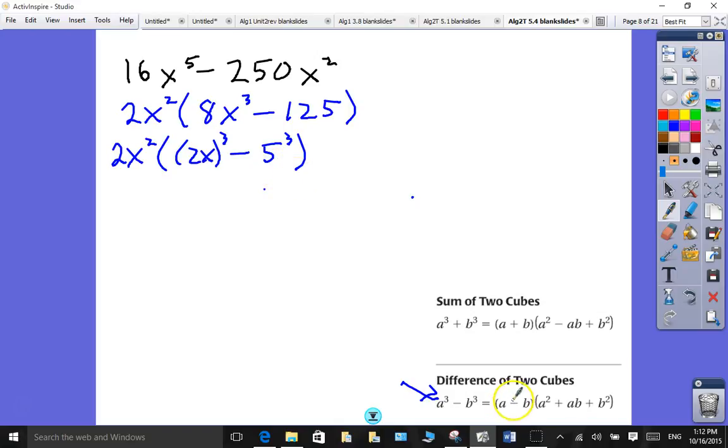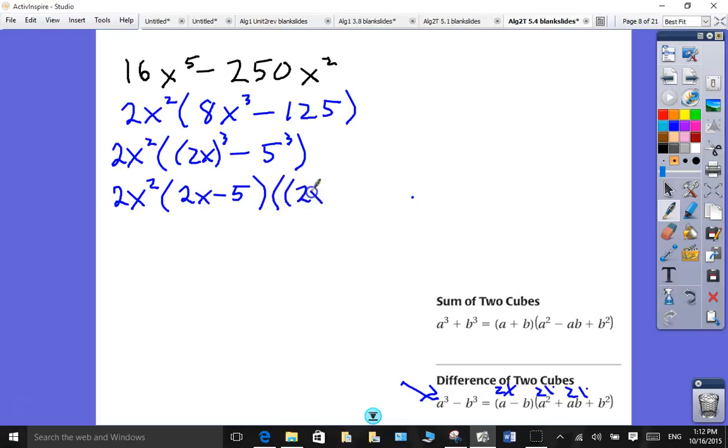So in this formula, everywhere you see an A, you put a 2x, and everywhere you see a B, put a 5. It'll look like this: 2x squared times 2x minus 5, because the first factor is a difference.